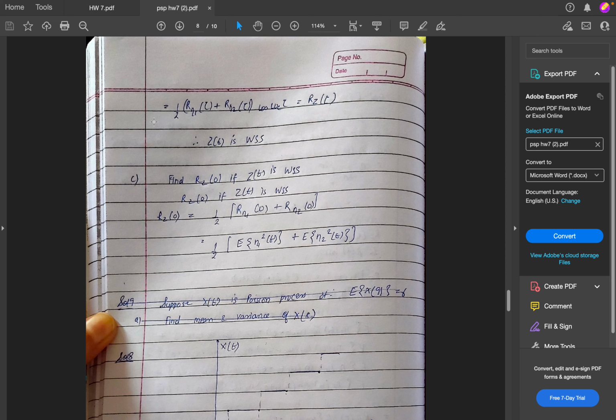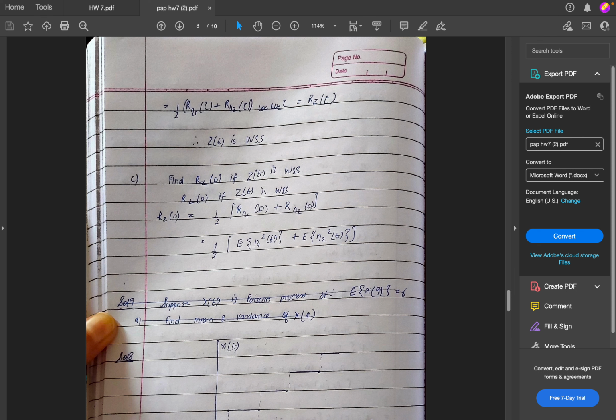From the second part we know that Rz(τ) is equal to this term, so we can plug in τ equals 0, and we get Rz(0) is equal to 1/2 of Rn1(0) plus Rn2(0).